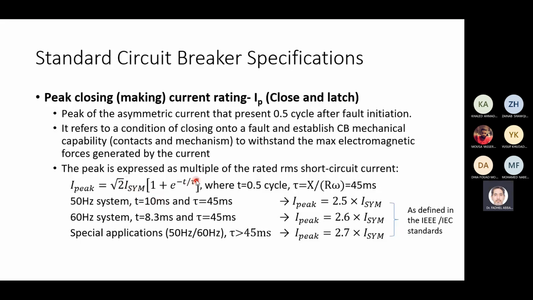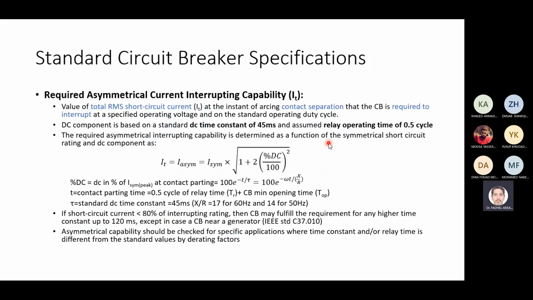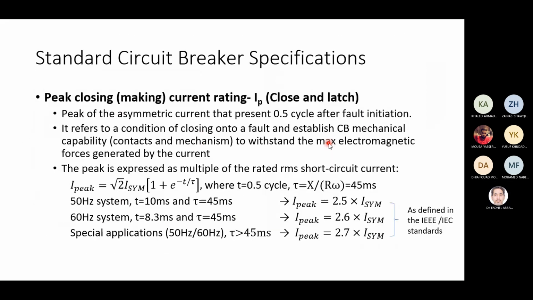But now if we substitute, tau we already said is 45 milliseconds as per standards, and we assume the time from the moment of initial fault to the relay operating time is 0.5 cycle, where it reaches the peak maximum within half a cycle. When you substitute half a cycle, which for 50 Hz is 10 milliseconds, over 45 milliseconds, times root 2, it will be a factor of 2.5.